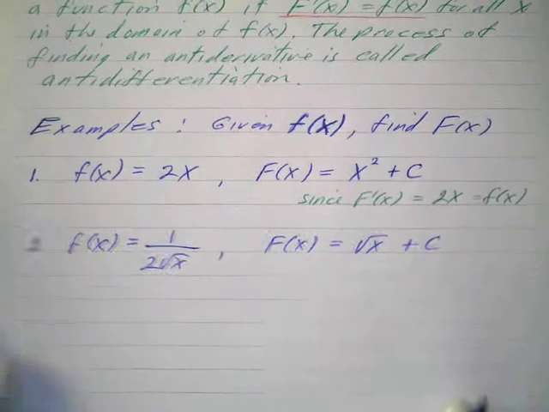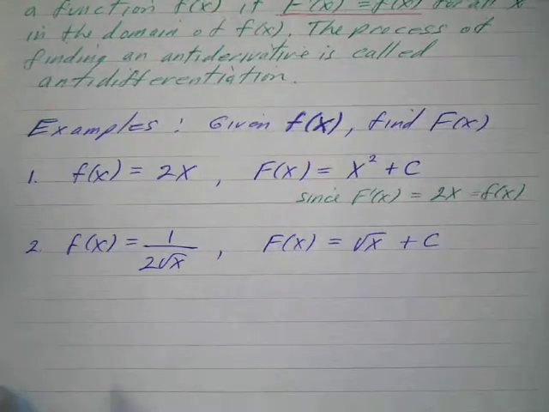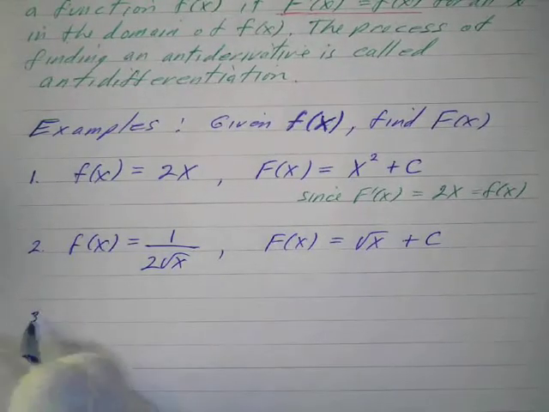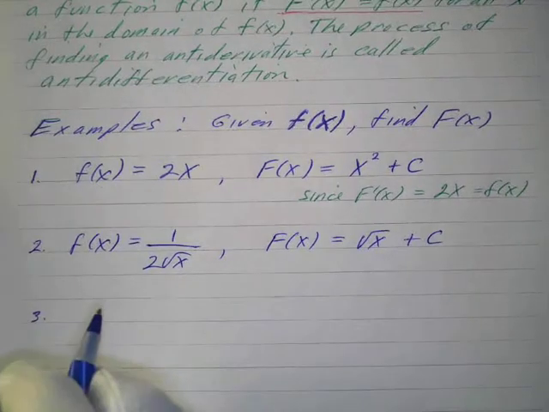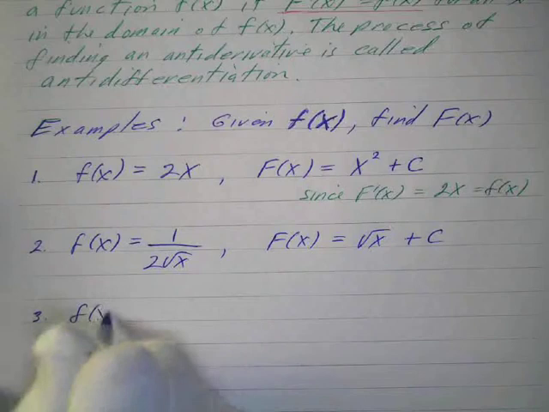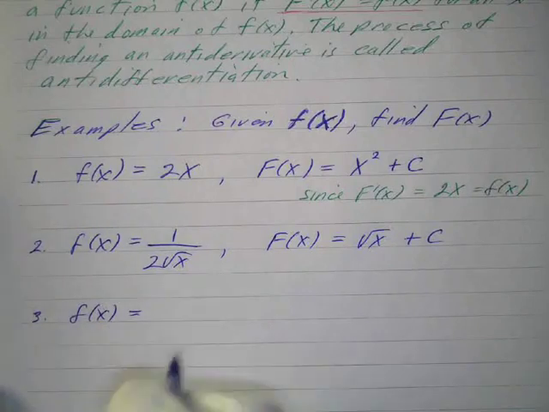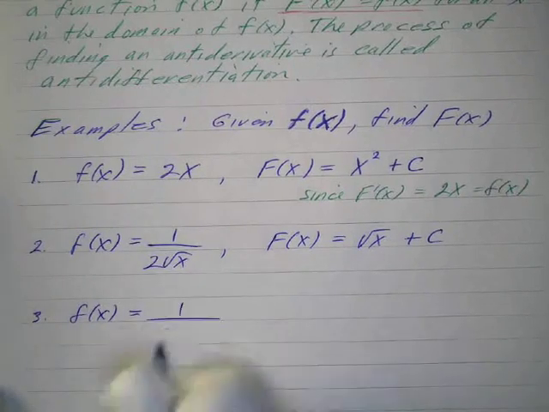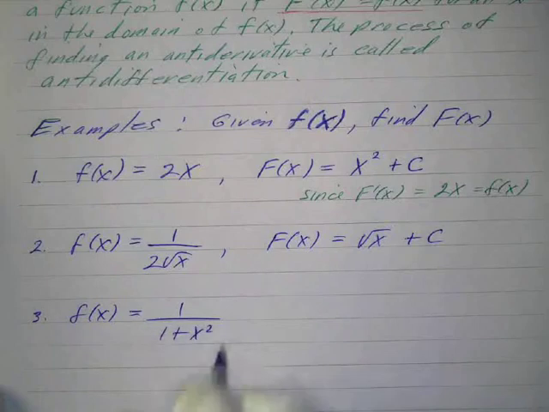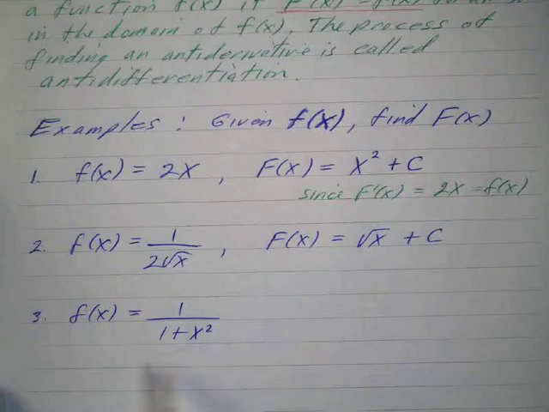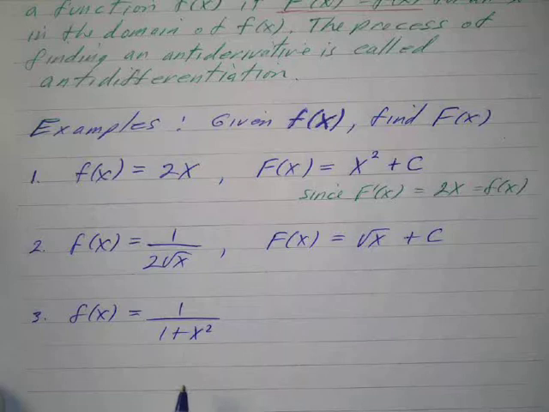All right, let's try another one. f of x equals 1 over 1 plus x squared. Okay, so this looks like, you go back and look at your formulas, and remember sometimes in class we looked at the answers and tried to get the questions.